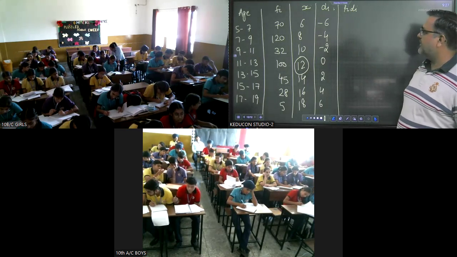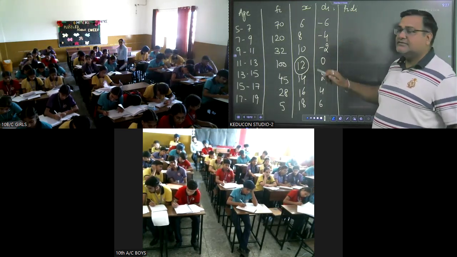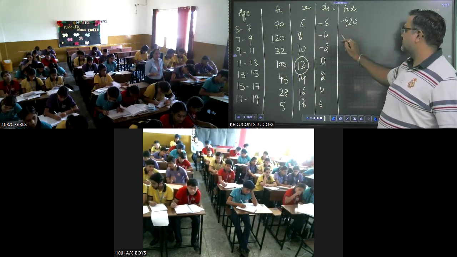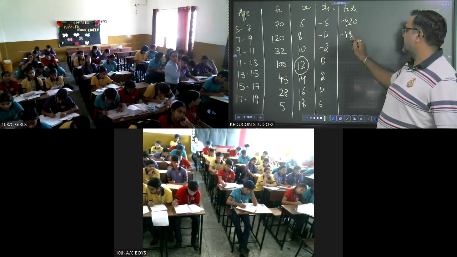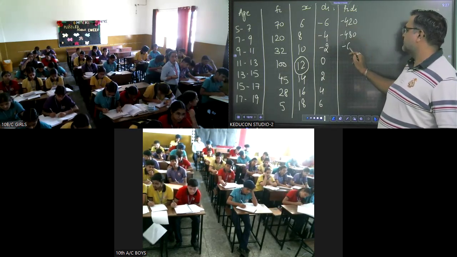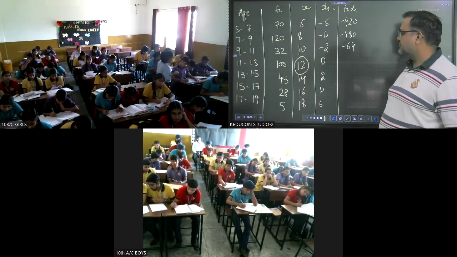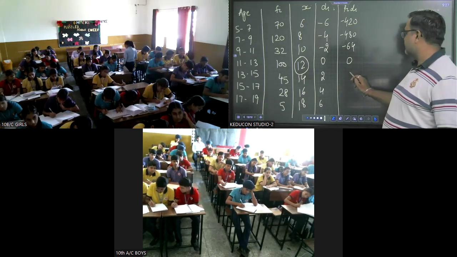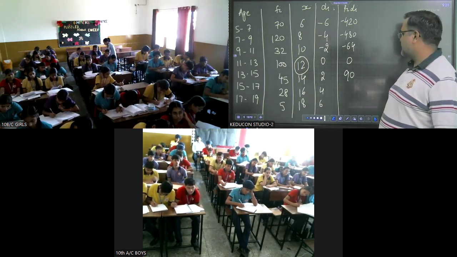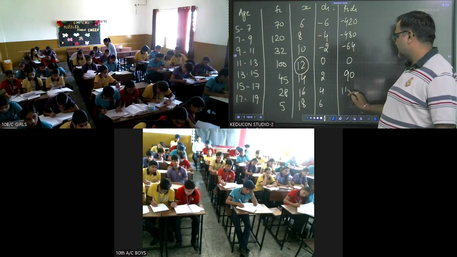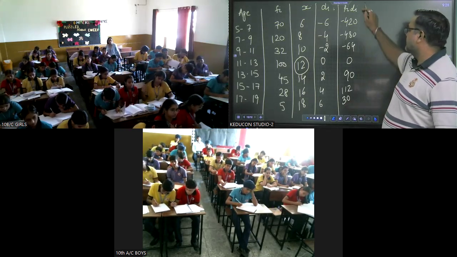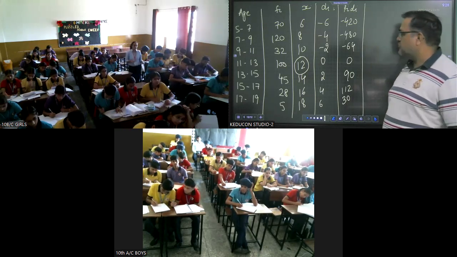Now tell me what will be the fi di here. Minus 420 and minus 480, then minus 64, then 0, next 90, next 120, 30. Right.